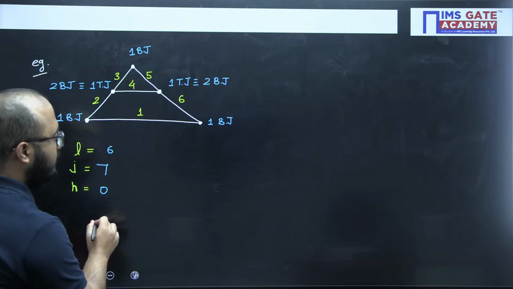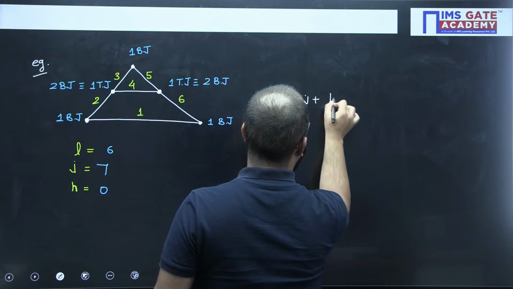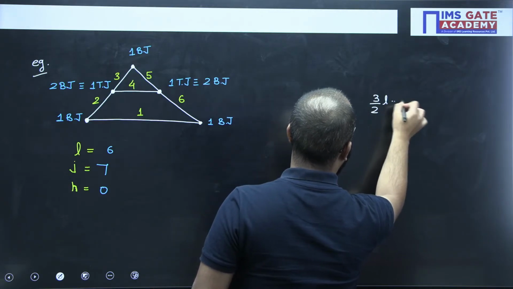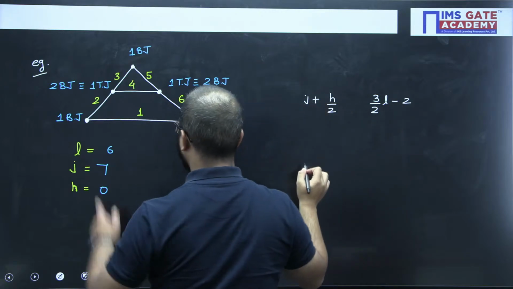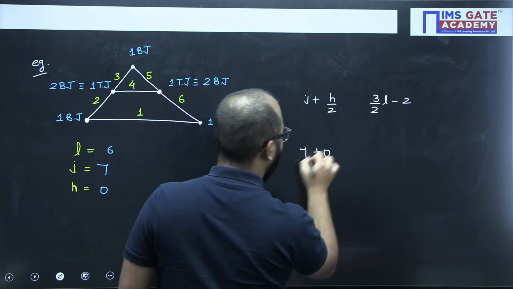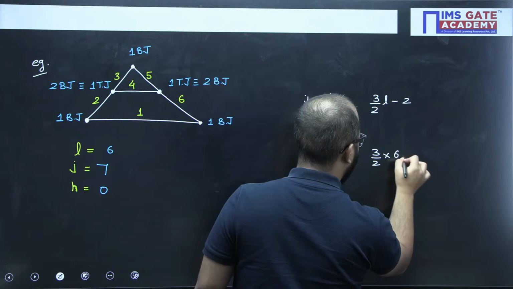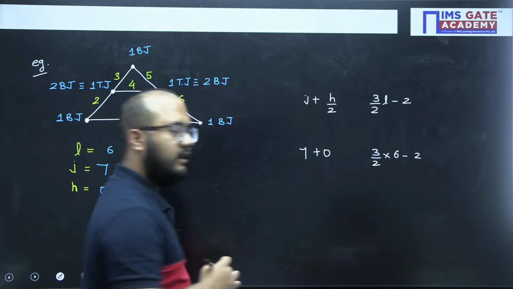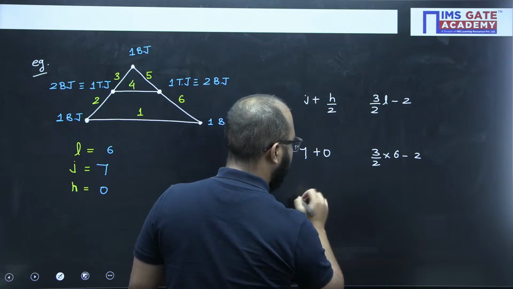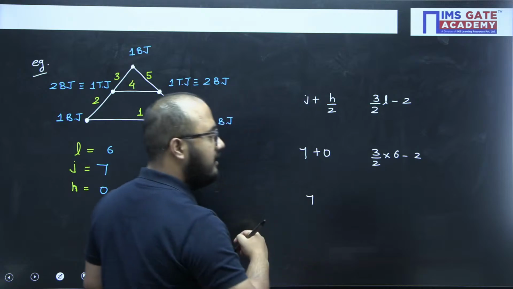What was the relation? Let me write it here: J plus H by 2 equals 3 by 2 L minus 2. What is the value of J? 7, right? H is 0. 3 by 2 into L, that is 6, minus 2. Is it clear? So the left side is 7. On the right, 6 divided by 2 becomes 3, 3 times 3 is 9, 9 minus 2 is 7.